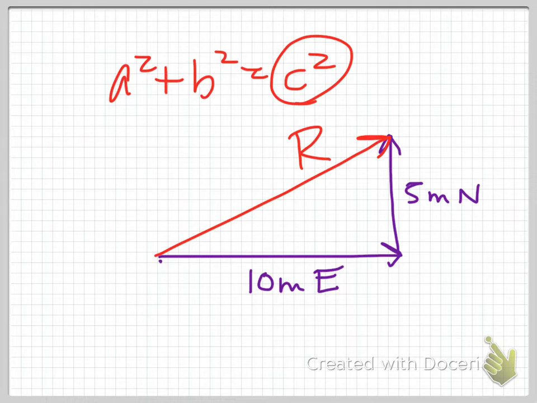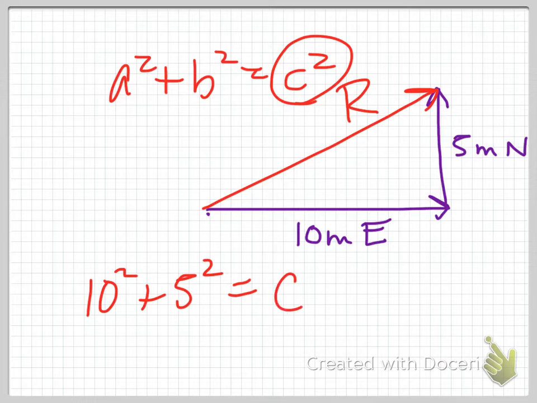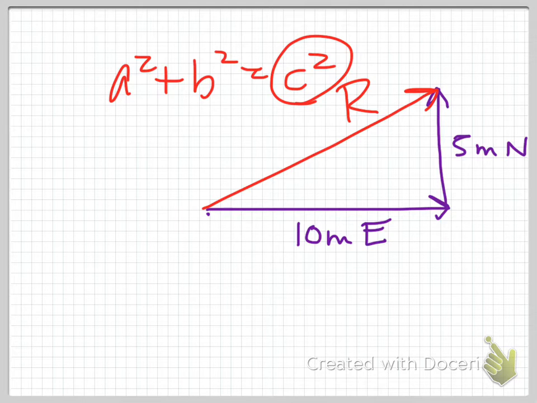So what's the resultant here? Okay, so we know that it is 10 squared plus 5 squared equals the resultant squared. Well, actually, hold on. We've got Pythagoras there, but I'm going to be a complete pain. 10 meters east is what displacement, X or Y?